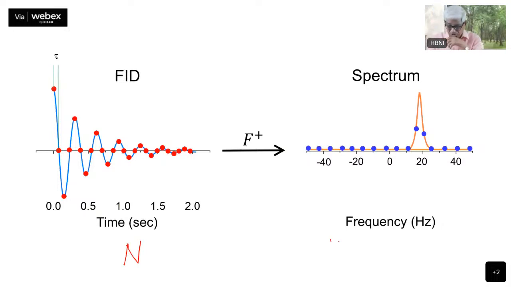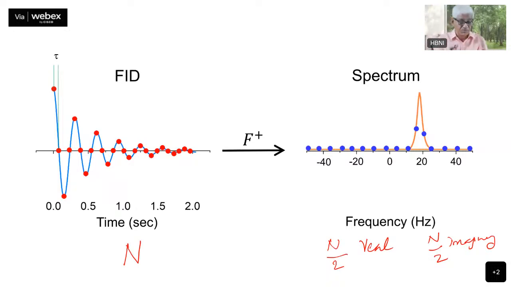Therefore, there will be n by 2 real points and n by 2 imaginary points, and the n by 2 points represent the entire spectrum. That is the kind of digital resolution you will have in an NMR spectrum.